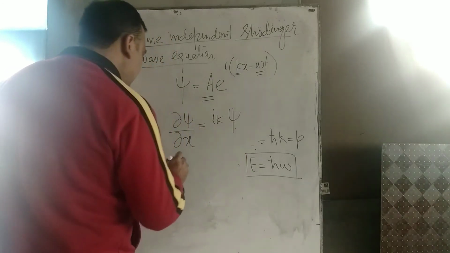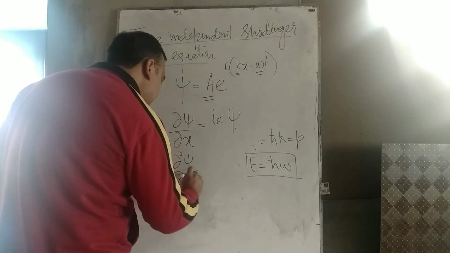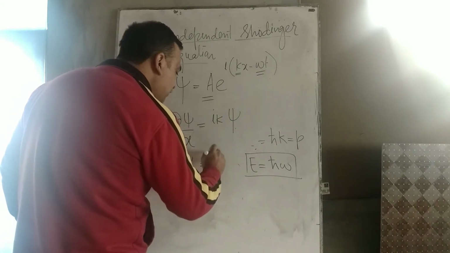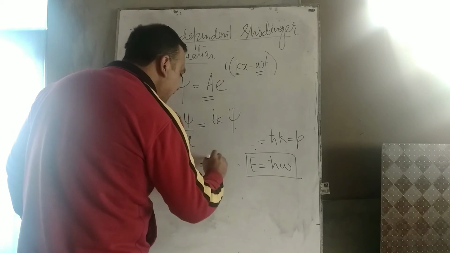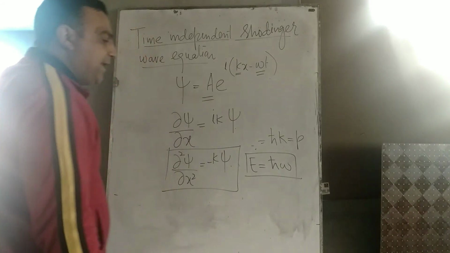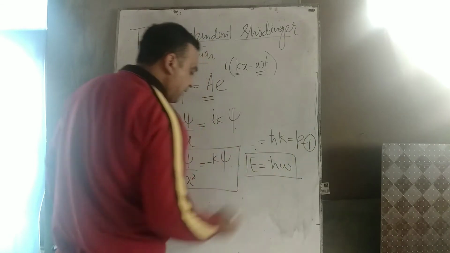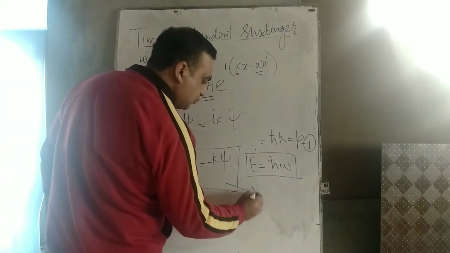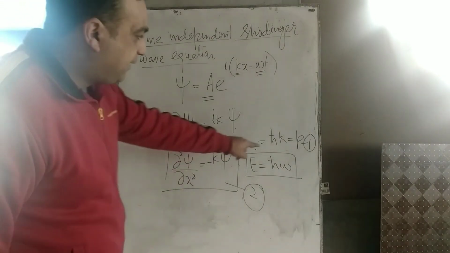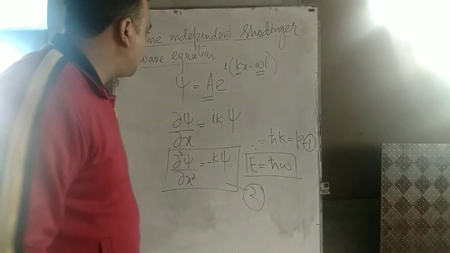Now, if I take another derivative, I will get del 2 psi upon del x2 is equal to, it will be the square of this, i square will be minus, so minus k square psi. Now, if I label these equations 1 and 2, you can see from here this k can be replaced by p by h bar.